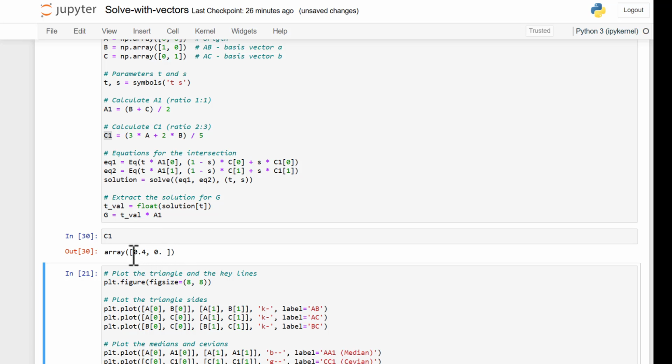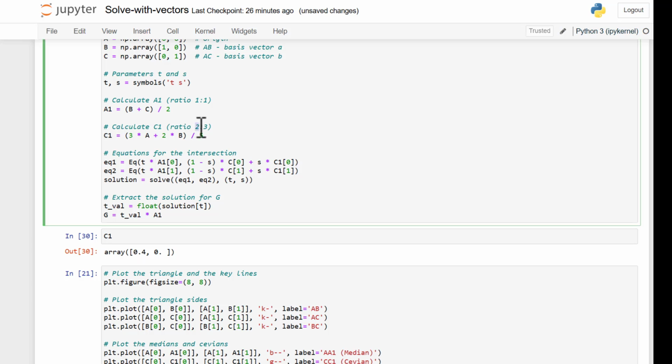0.4. So on the X it would be 0.4, on the Y it would be 0.0, and 0.4 is actually 2 to 3, from 0, 4 to 1, so to say, which actually means if we divide 4 by 10, it would be 0.4.